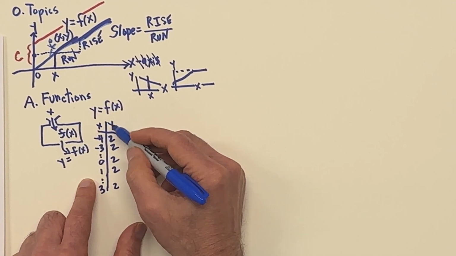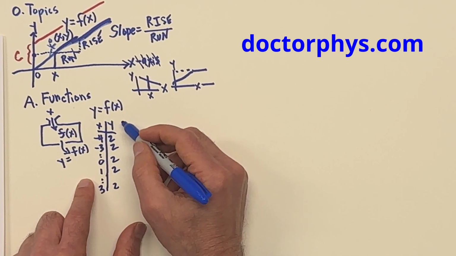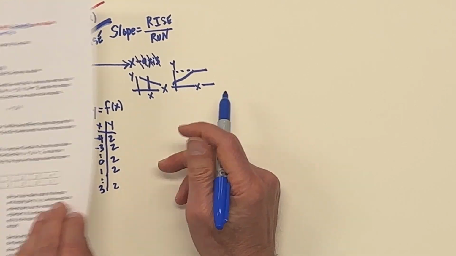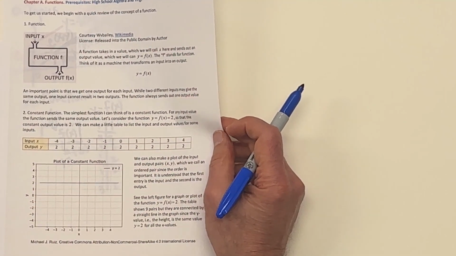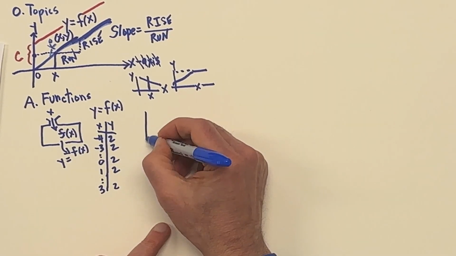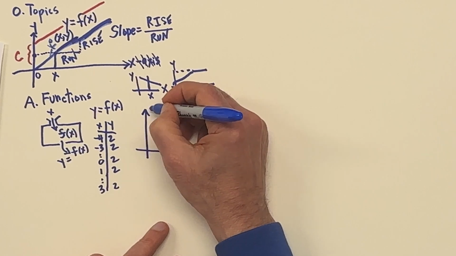So when you have this little table, which in my notes that you can download for this, I have the table going left and right, so it doesn't matter which way. Then you can come over here and draw your x and y.